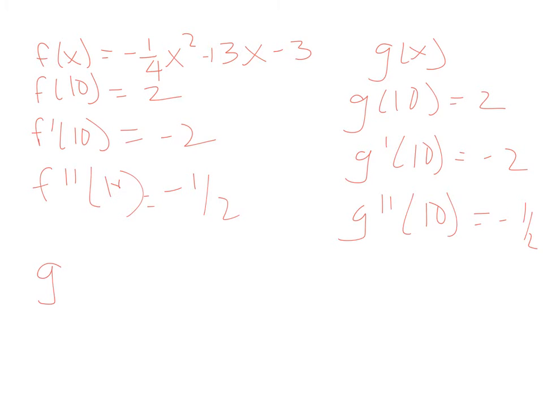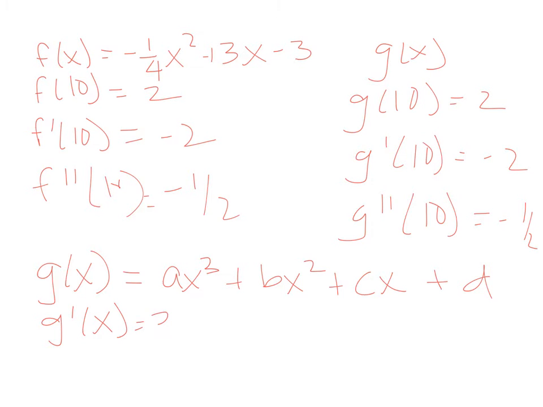So I made g of x equal ax to the third plus bx to the second plus cx plus d. And then I had to basically create a system. g prime of x is going to be 3ax squared plus 2bx plus c. g double prime of x is 6ax plus 2b.